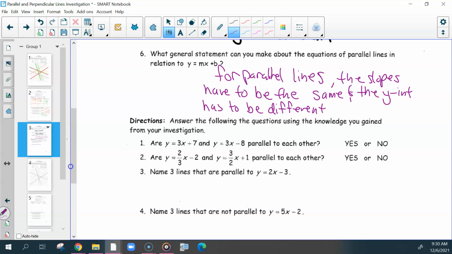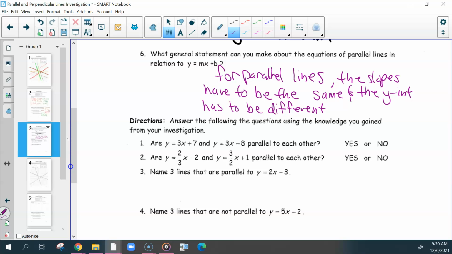Like you have the same slope, let's pick a number, 3. So y equals 3x plus 1 and y equals 3x minus 1. They would still be different y-intercepts, and that would still work. Or they could be completely different, like y equals 3x plus 1 and y equals 3x plus 5.